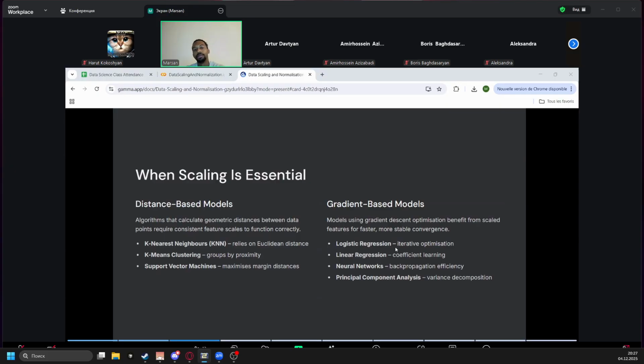For these algorithms, we need to scale, because if we don't, the optimization computation will become distorted, and when we train our model, it will converge more slowly.